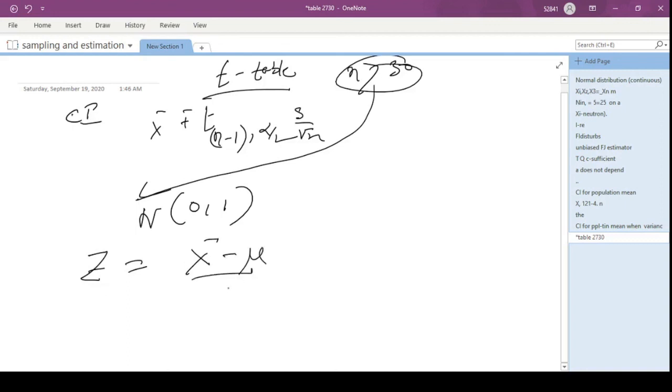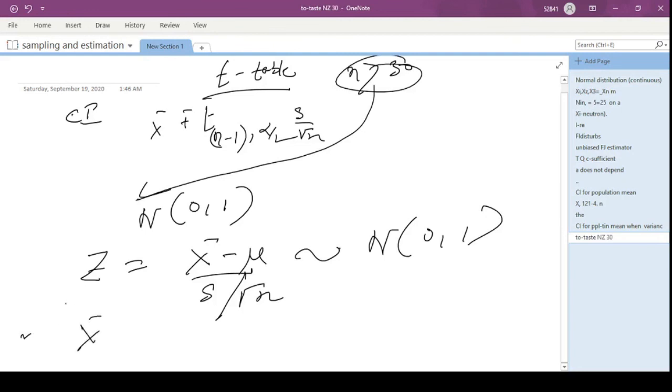Now this proof I'm not going to discuss here. This will follow a normal distribution. So if it is more than 30 degrees of freedom, or the sample size is more than 30, the confidence interval will be x bar plus or minus, same as a standard normal distribution, s by root n, right?